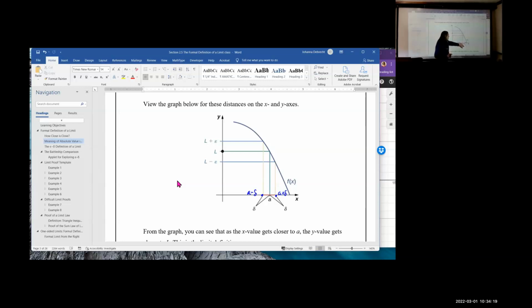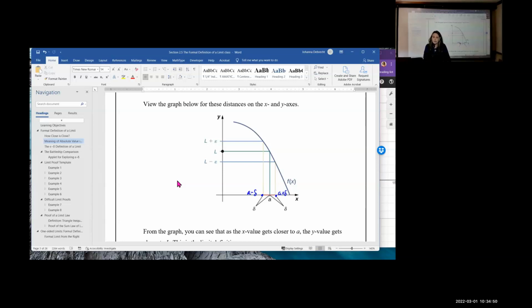And as long as you fall within this range, notice that if you go up and hit the graph and then come over to find where the y value is, it falls between L minus epsilon and L plus epsilon. So pick a point on the x-axis that's between a minus delta and a plus delta, trace up to find the graph, and then move horizontally to find the y value. It will fall within the range of L minus epsilon to L plus epsilon.